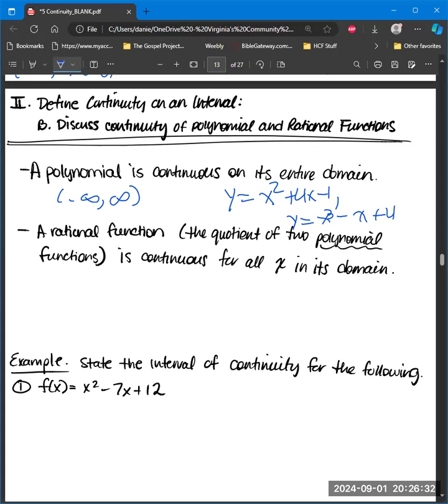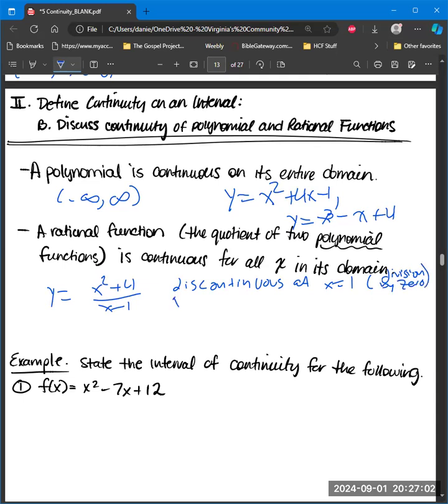A rational function, the quotient of two polynomial functions, is continuous for all x on its domain. So for example, y equals x squared plus 4 over x minus 1 is going to be discontinuous at x equals 1. Division by 0 is the problem there, right?